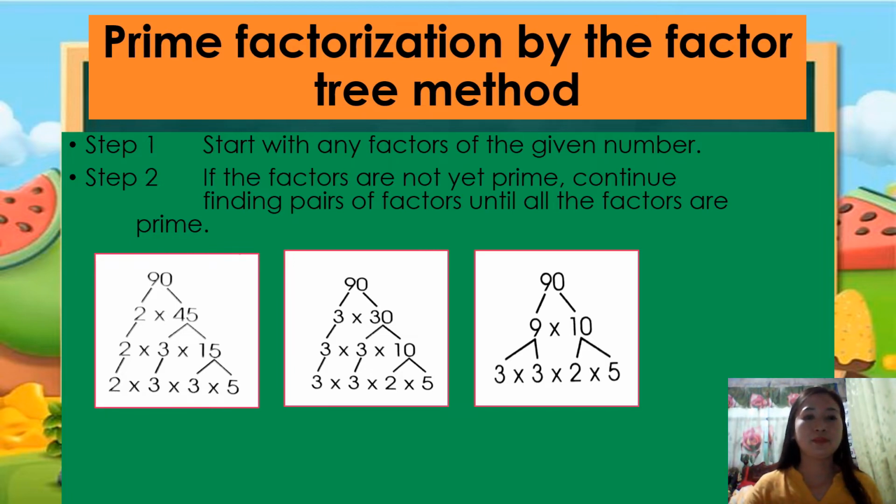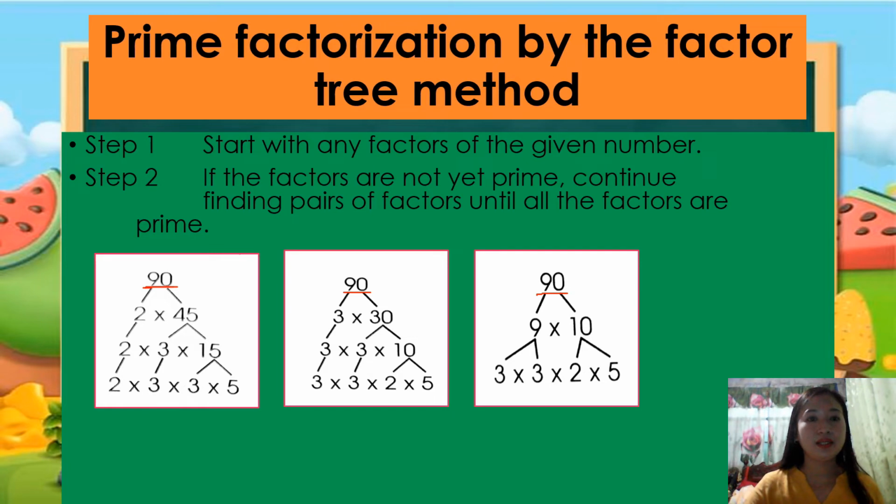For our example number 1, as you notice, the composite number or the given number is 90. And on the other side, we have also here 90 and another 90. Let us focus on the first image. Our given example is 90.